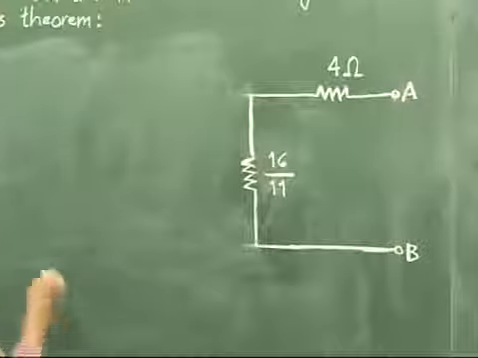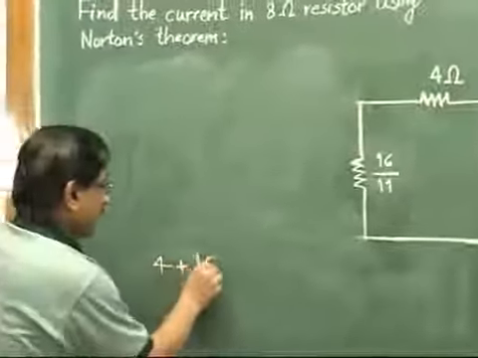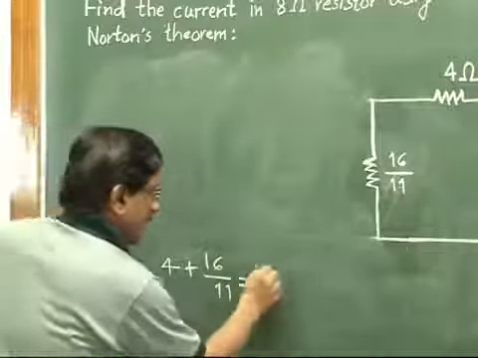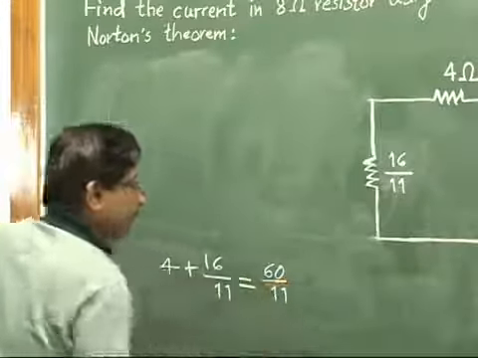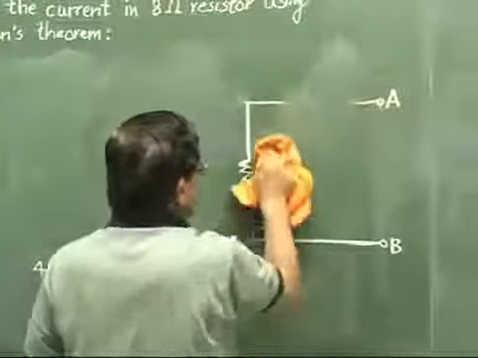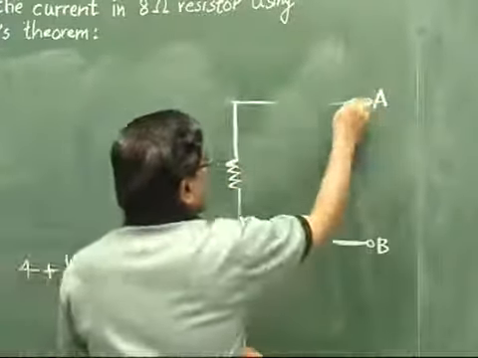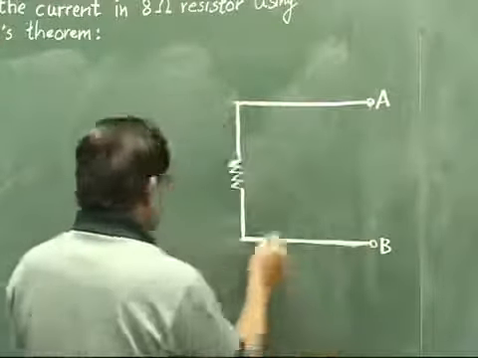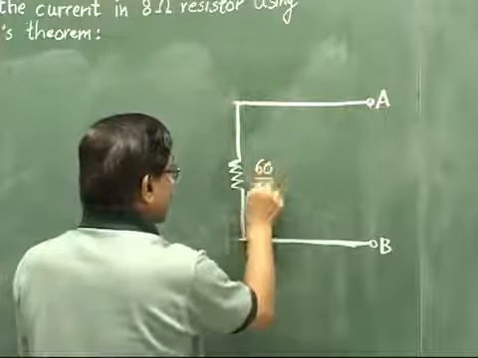So simple addition: 4 plus 16 by 11 will be 60 by 11. So finally your circuit will be like this. Instead of these two, it will be just one single resistor, and the value of that single resistor is 60 by 11 ohm.